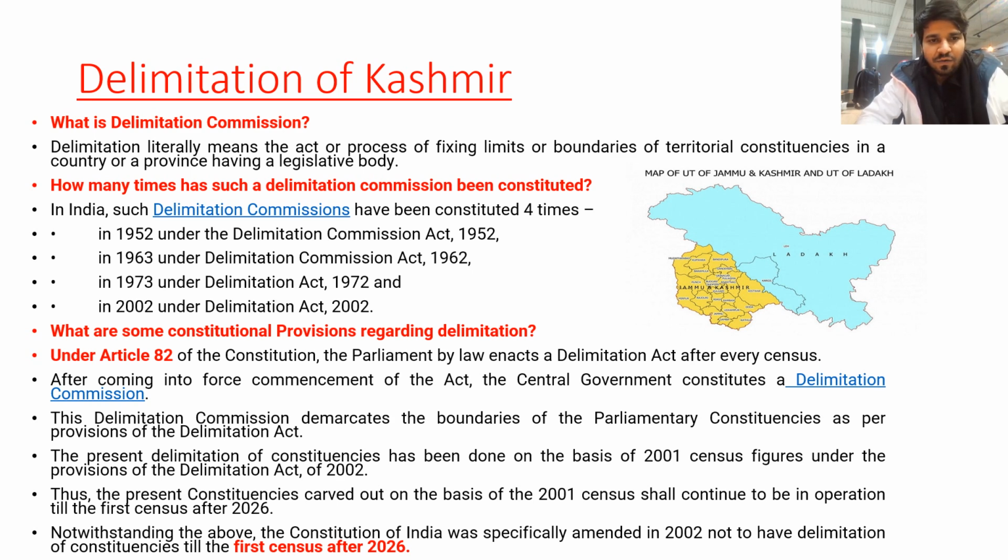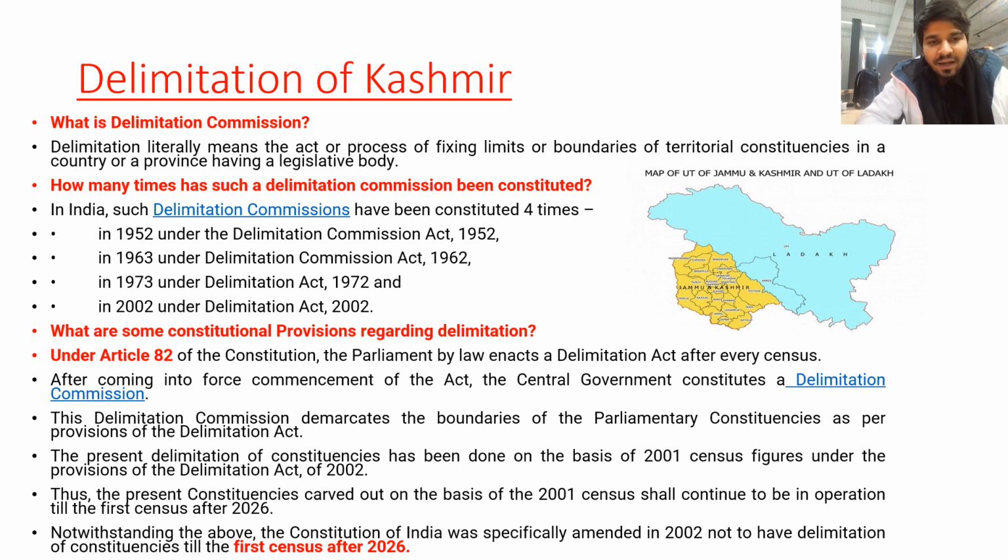So we can see four times delimitation. And for the 2002 Delimitation Act, the census used is 2001 in the case of Jammu and Kashmir, right? Otherwise, for other states, the census used is of 1971.